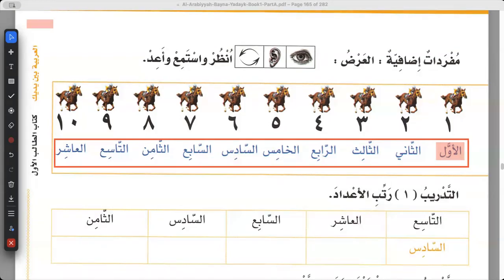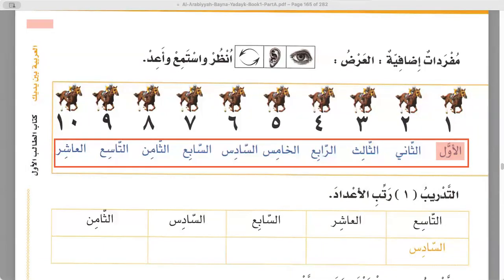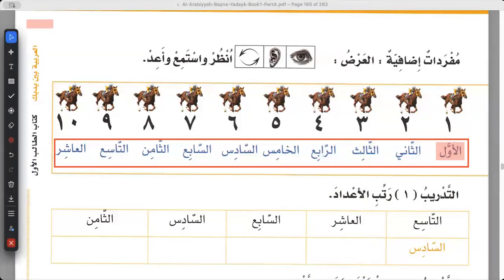When you have wahid as one, and it's masculine, what can you say about the feminine? People are raising up their hands? I don't think so. Al-wahida. Just ta marbuta, then you have feminine. MashaAllah.